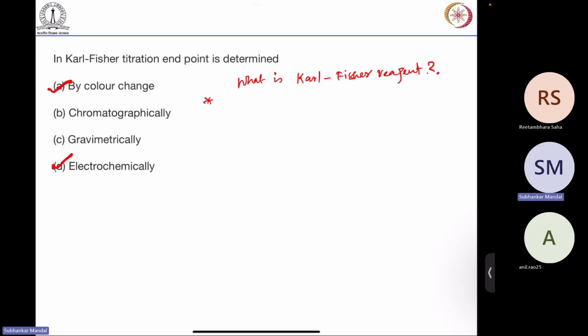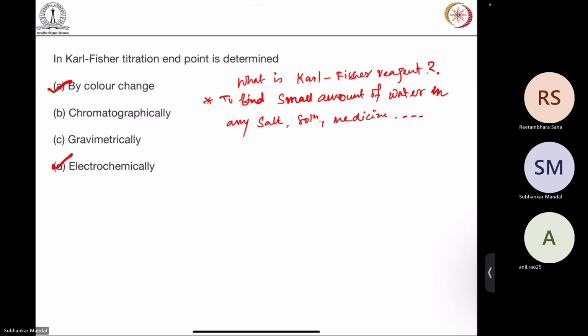One is to find a small amount of water in any salt or solution or any medicine, etc.